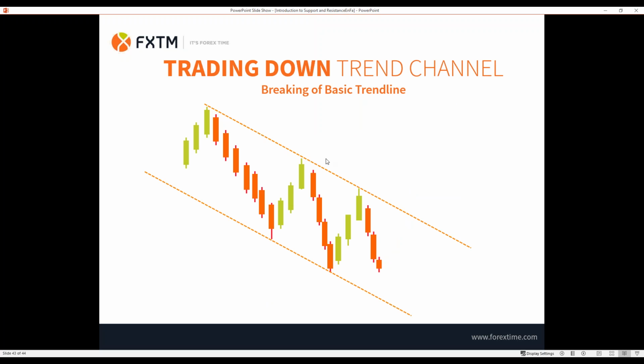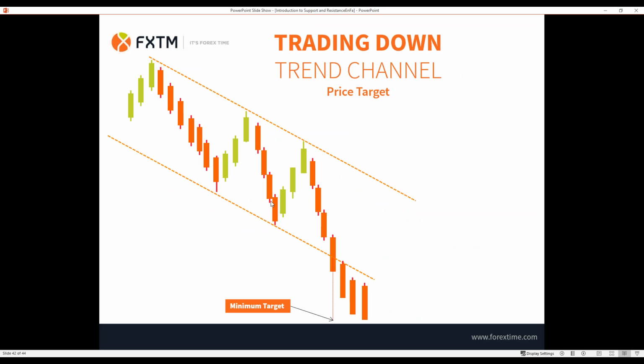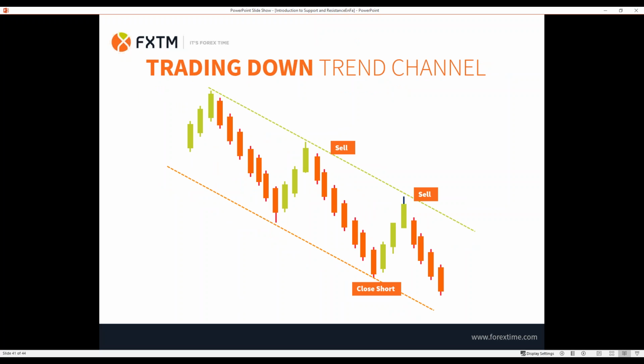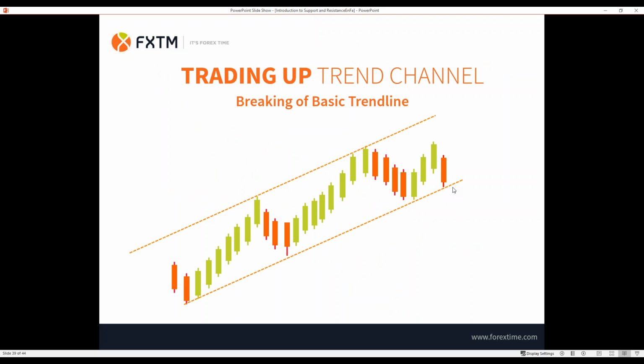So, during a downtrend channel, it's most likely that prices will come lower and touch the lower channel line. And during an uptrend channel, let me find one here, prices are likely to go and touch the upper line.